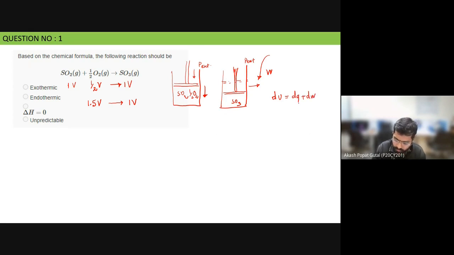We don't know what dq is, but we know the work is done on the system. Once it is done on the system, the temperature of the system will increase. Once the temperature is increased, the internal energy increases, and the reaction is exothermic. So hence the reaction is exothermic. Yes, right answer, Ankita, right.